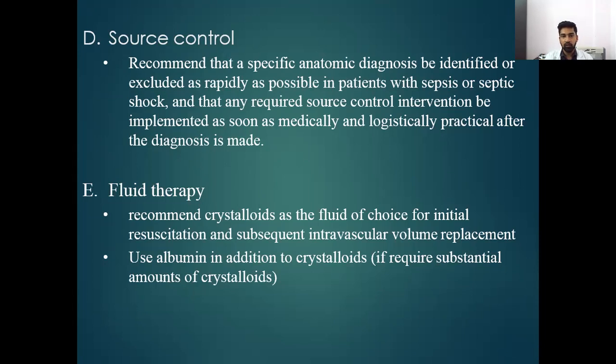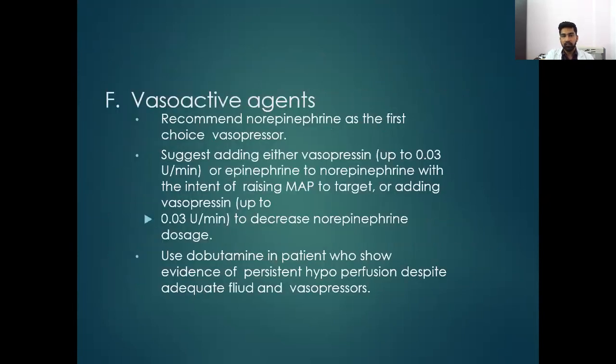Then fluid therapy. Recommend crystalloids as the fluid of choice for initial resuscitation and subsequent intravascular volume replacement. Use albumin in addition to crystalloids if a substantial amount of crystalloids is required. Vasoactive agents. Recommend norepinephrine as the first choice vasopressor.